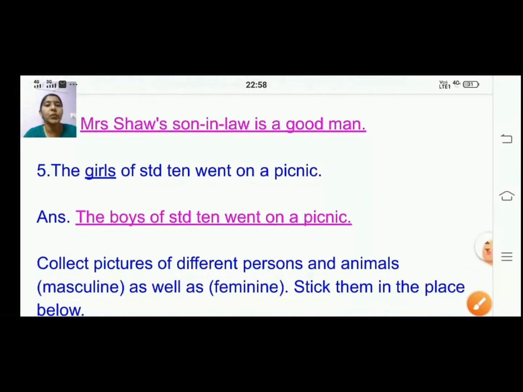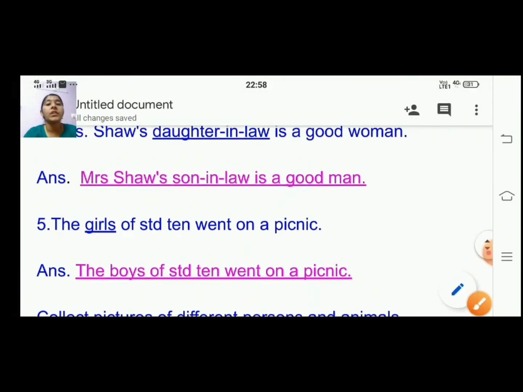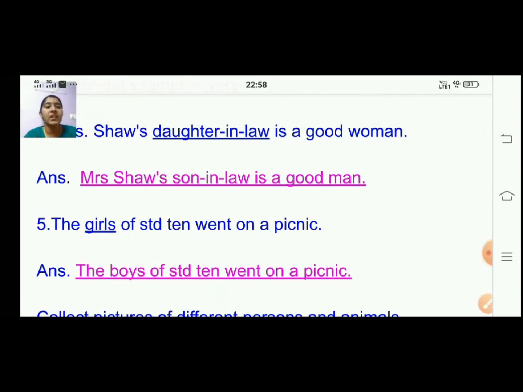Now the fifth one. The girls of standard 10 went on a picnic. They all went on a picnic, right?